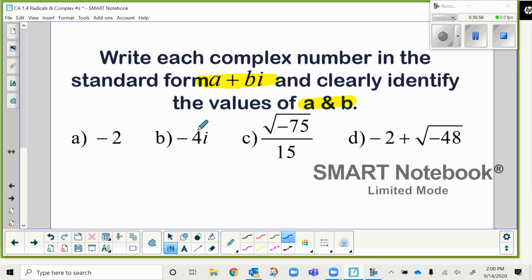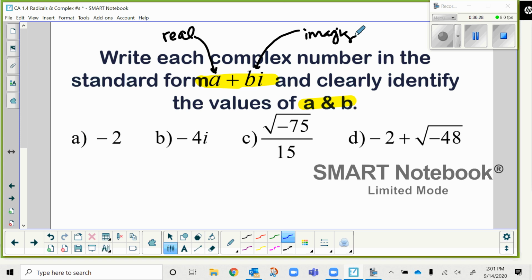It's a whole number, it's an integer, it's a rational, it is a real number. Real numbers go in the a part of standard form. Imaginary numbers go in the bi part. So -2 is the a part of this complex number.